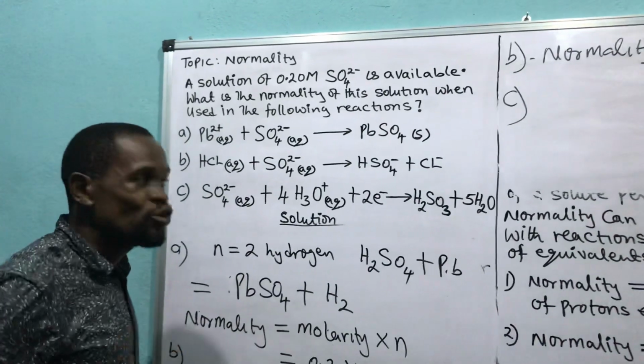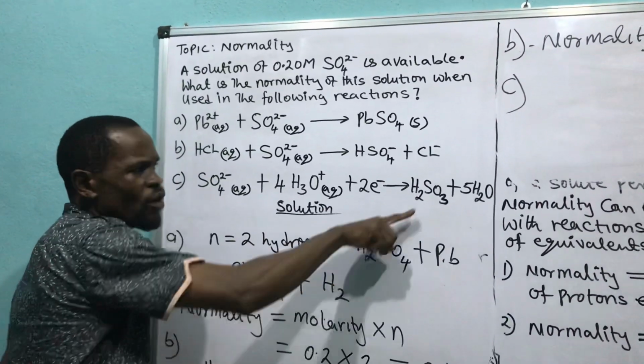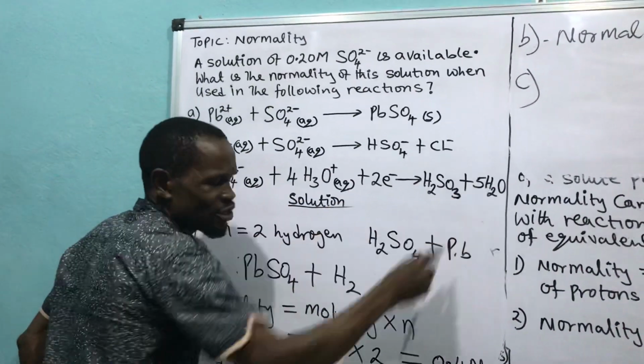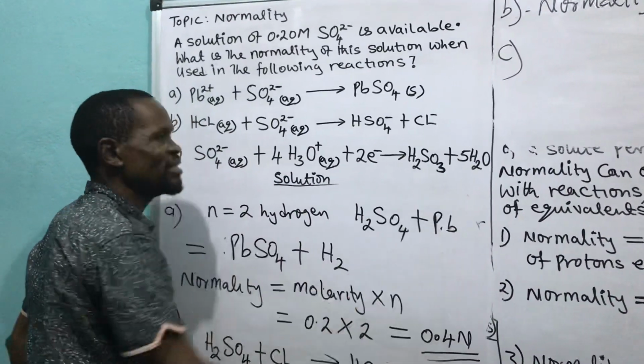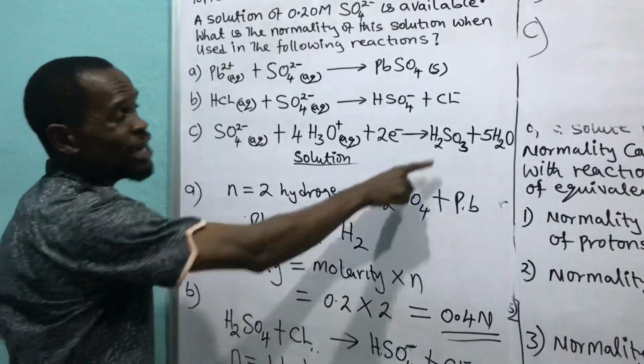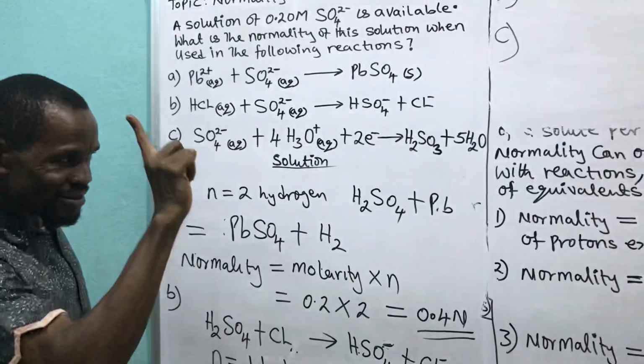When it reacts with water, one oxygen was lost to complete the reaction. And you see the water is complete here. This is water. Are you getting what I'm saying?